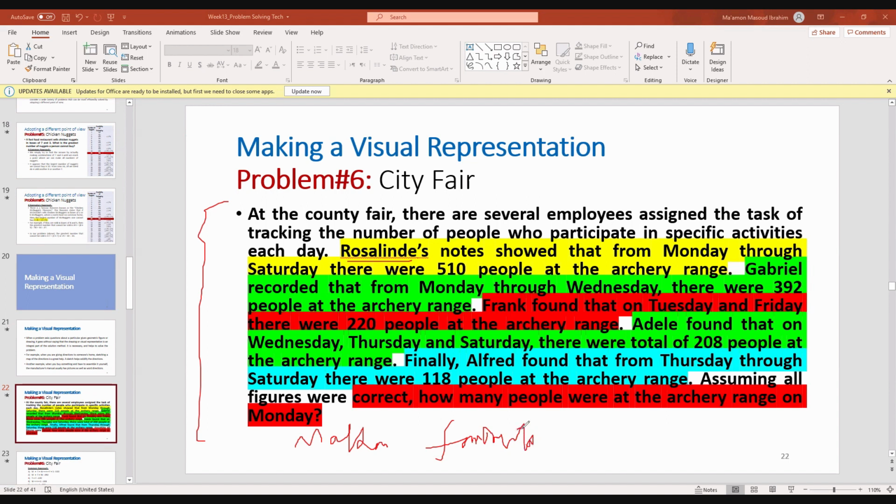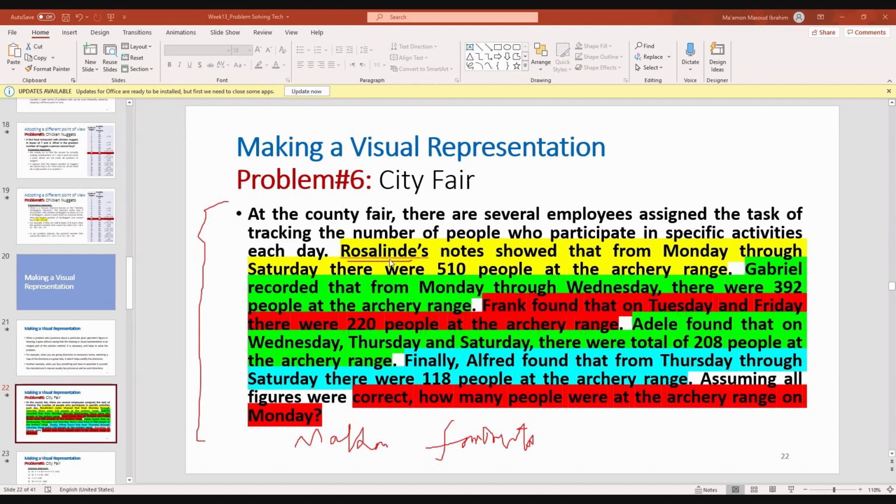Assuming that Monday is a variable, Thursday is a variable, Tuesday and all of the days have some value or variable, we will add these numbers together and write the formula in the next slide. So based on these facts, we are going to represent this data using a formula. So I will go to the next slide here.